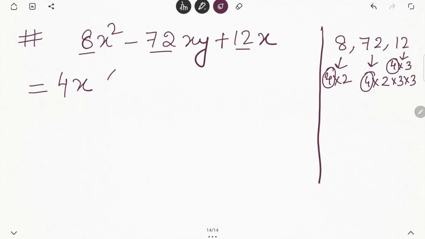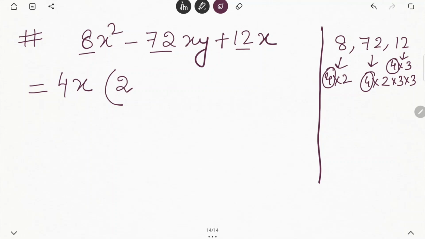So now I put the bracket. So how do I write the leftover term? From 8 I have already taken 4. So how do I get what is left? I know that 4 into 2 will be 8. That means I just divide. 8 divided by 4 gives us 2. So here I have 2. Now from this x square I have taken 1x.